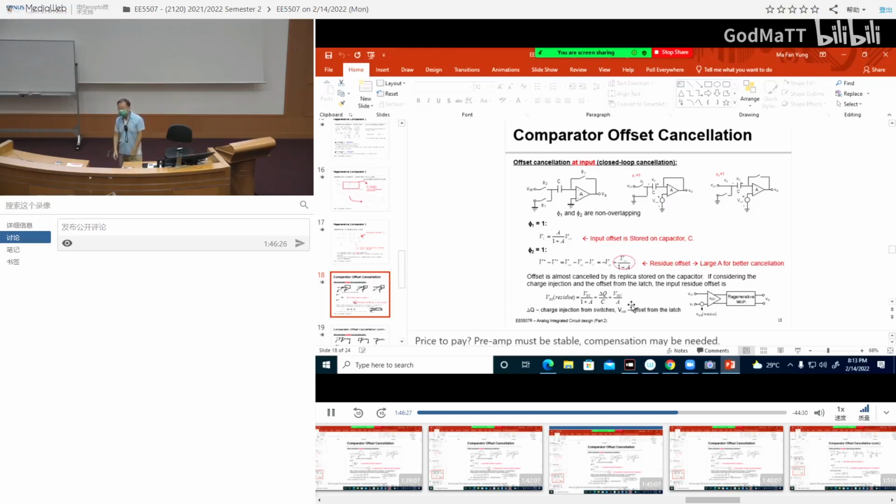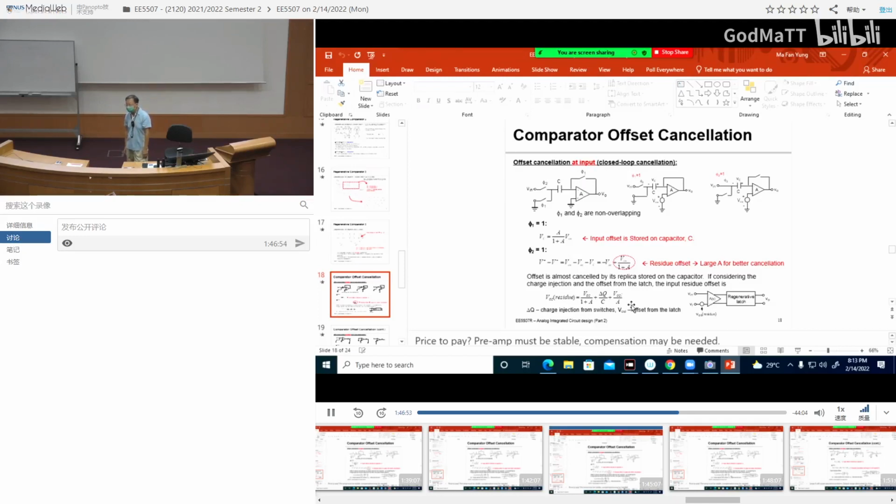So one way is you can just model it by putting the same device, then put a small voltage source to model the offset. And then you will see, with this small offset between the two PMOS on top, two NMOS at the bottom, what is the offset of your latch circuit?